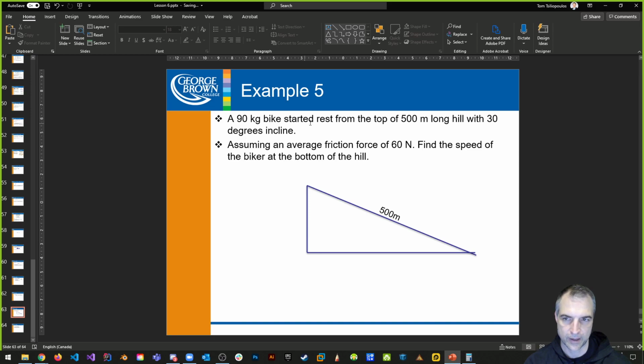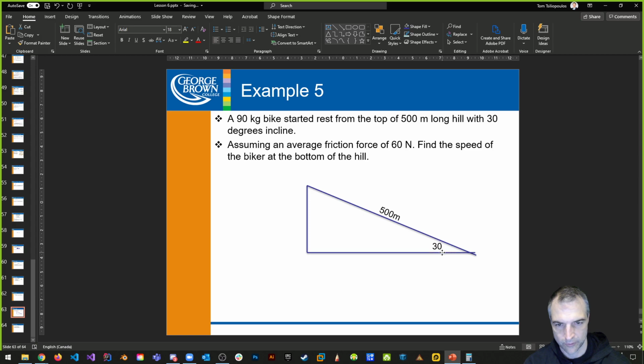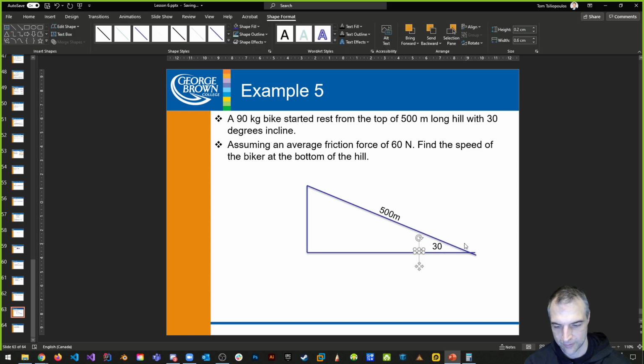90 kilogram bike started at rest from the top of a 500 meter long hill with 30-degree incline. So we know this is 30 degrees. Okay, so I'm going to put 30 in there so we know what this is. I think I might even have an arc that I can use. Let's see. It's arcing in the wrong direction.